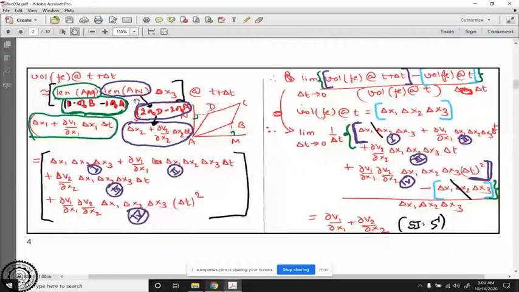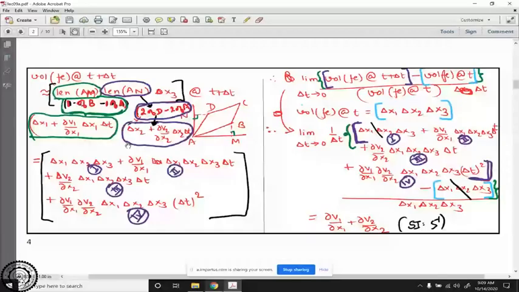I have skipped a few steps here, but this is identical to what we did for fractional changes in length. So I have written the expression directly. 1 of b minus 1 of a turns out to be what I have encircled in green color here, and 2 of d minus 2 of a turns out to be what I have within the purple curve.